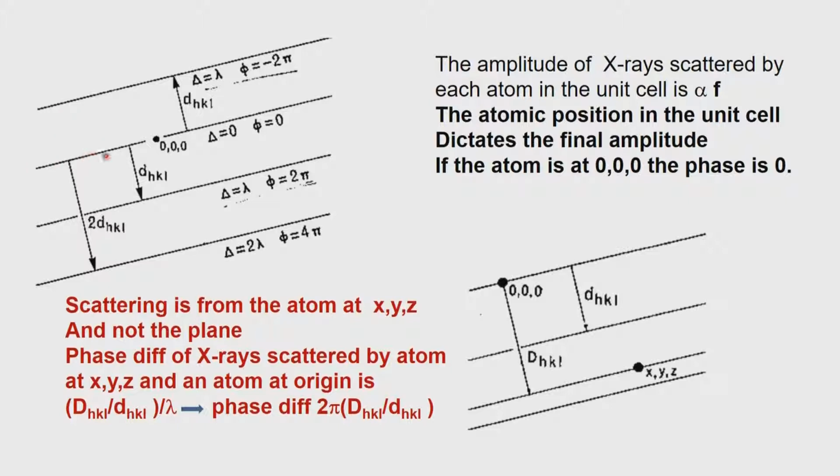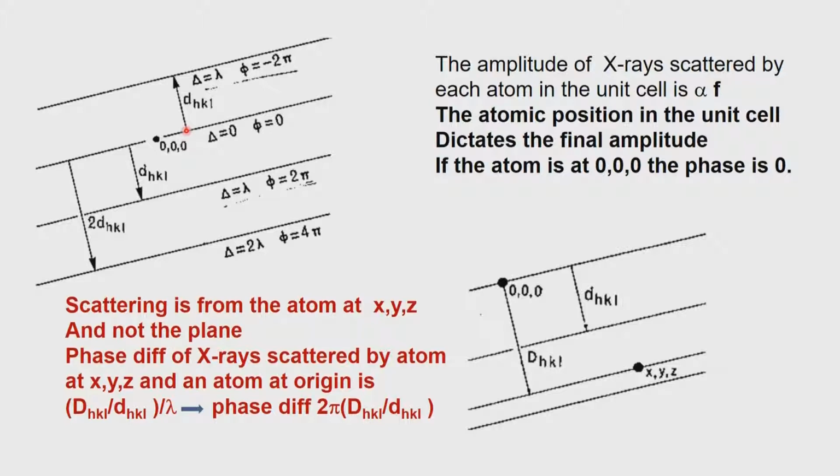So this plane could be some HKL associated with 0, 0, 0, and this is the first plane away from the origin. Now, if you consider the first plane away from the origin, it has to satisfy the Bragg condition, and what is the Bragg condition? 2d sin theta is lambda. So the path difference should be lambda.